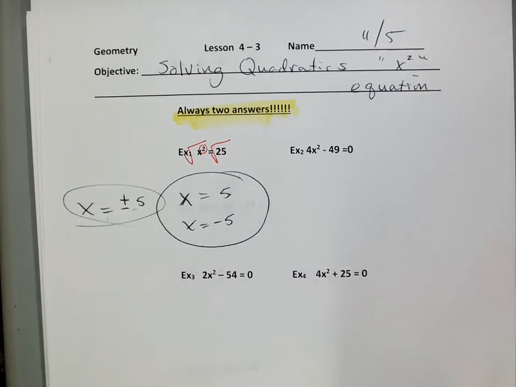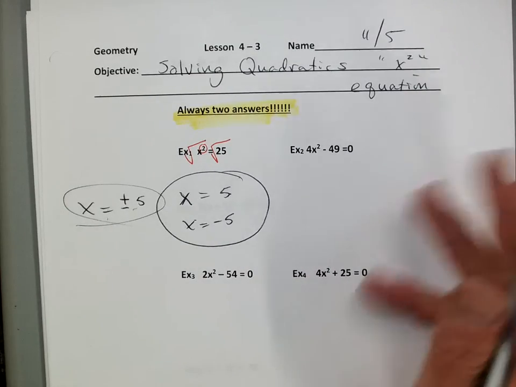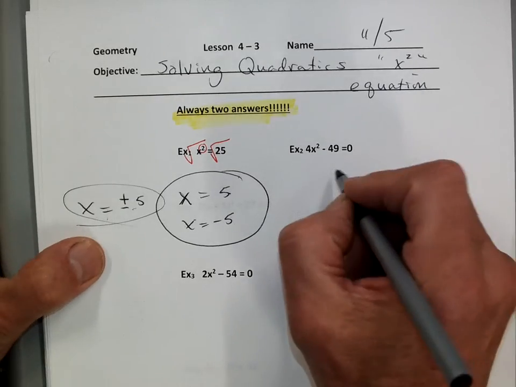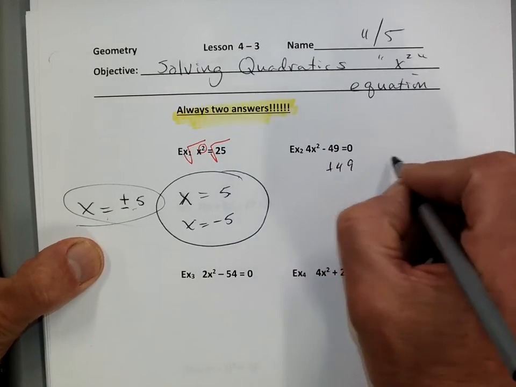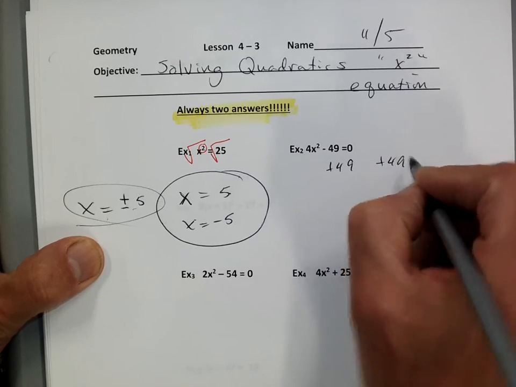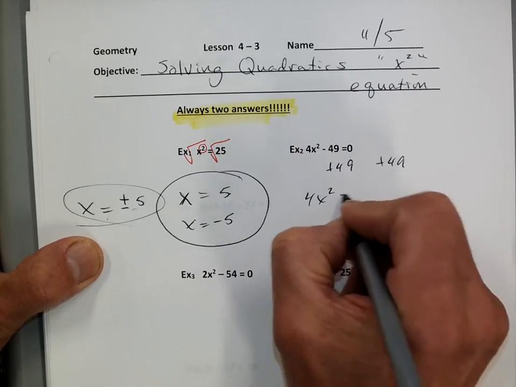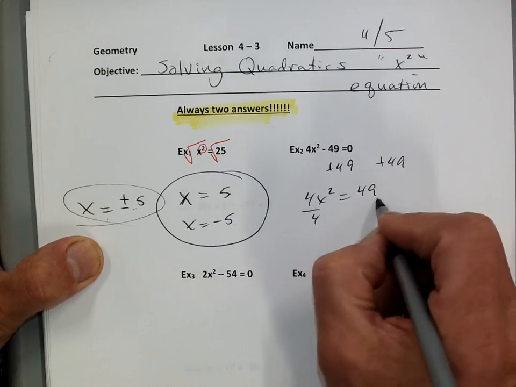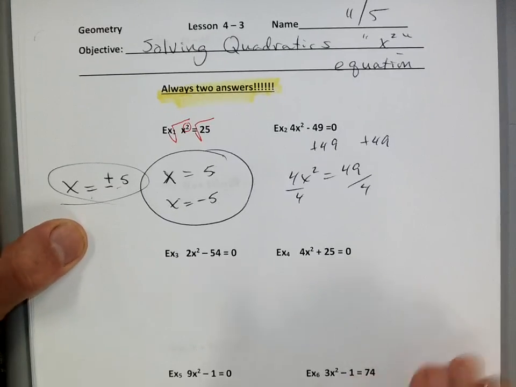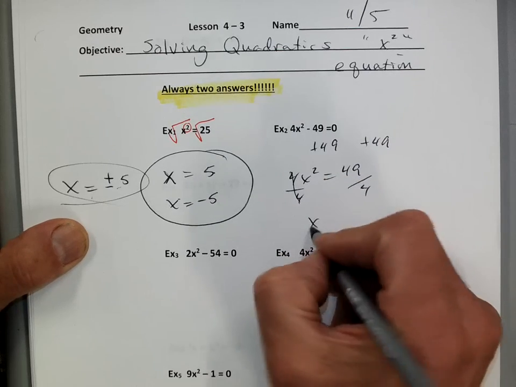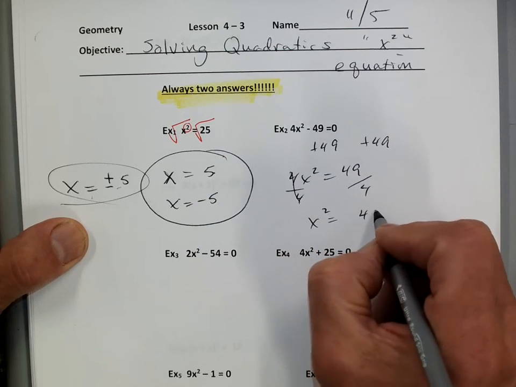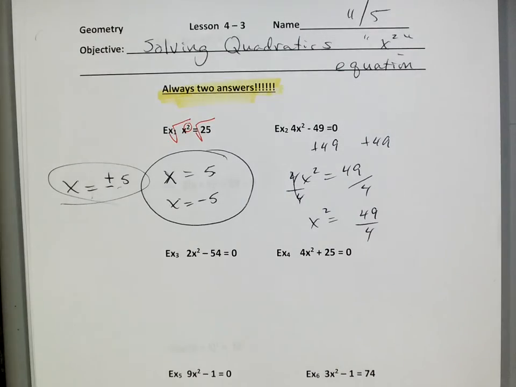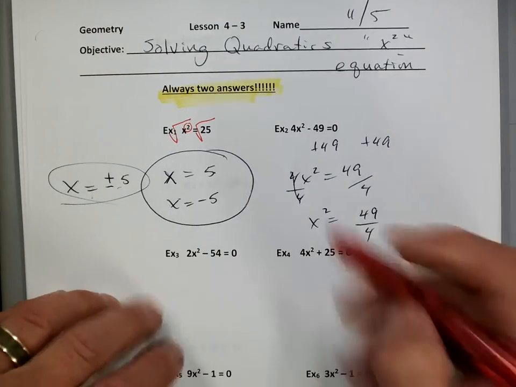Example 2, we can do this in one of two ways. We can either solve it or we could factor it, but may as well just solve it. It's just easier. So I'm going to go plus 49 to both sides, and I'll get 4x squared equals 0 plus 49 is 49. Divide by 4, right? 4's cancel, and I get x squared equals 49 divided by 4, and now I'm going to take the square root of both sides.